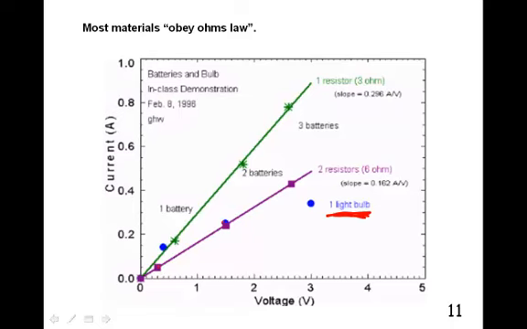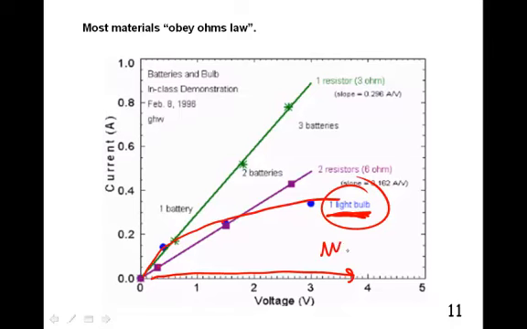Later in the show we're going to use light bulbs as if they did, but I'll just mention right now that as they increased the voltage on their light bulb, the amount of current they got through the light bulb did not increase linearly. As the filament of a light bulb gets hot, the resistance to current flow goes up. But we're going to disregard that for the rest of this show.